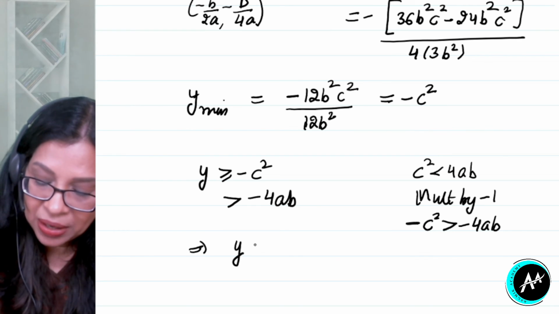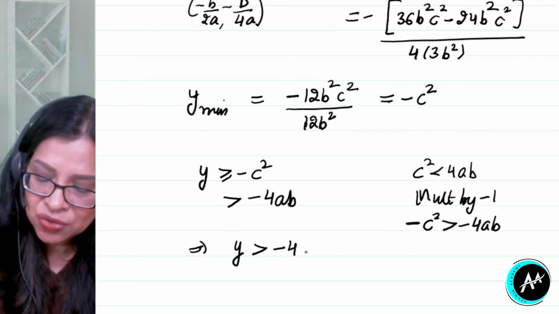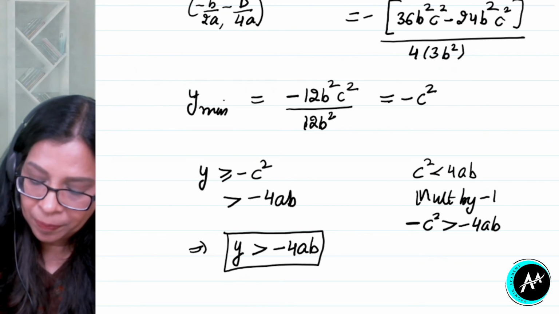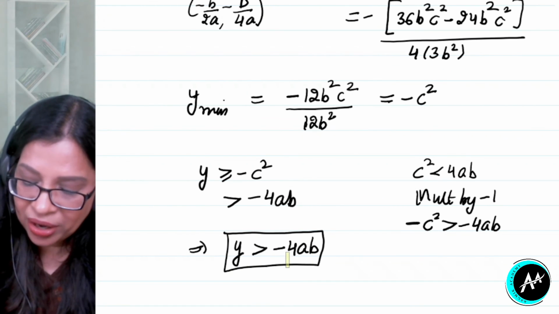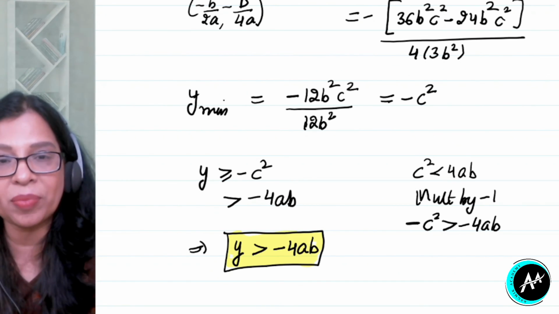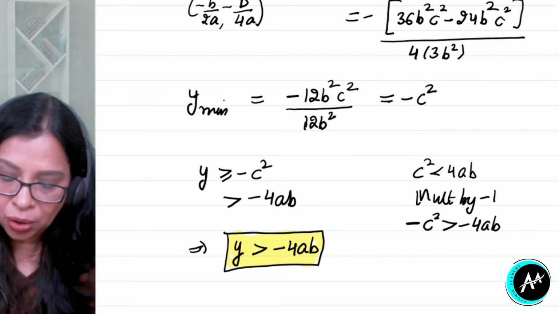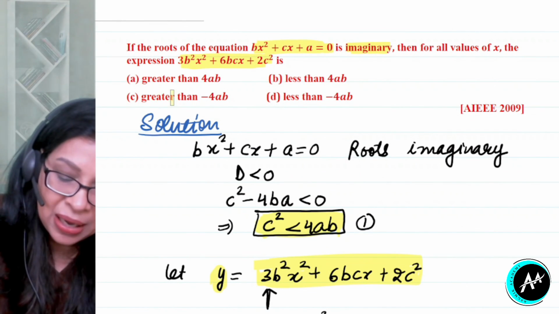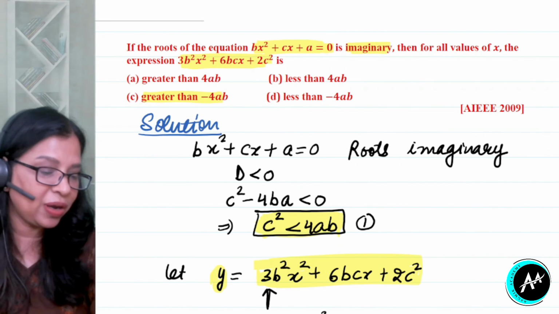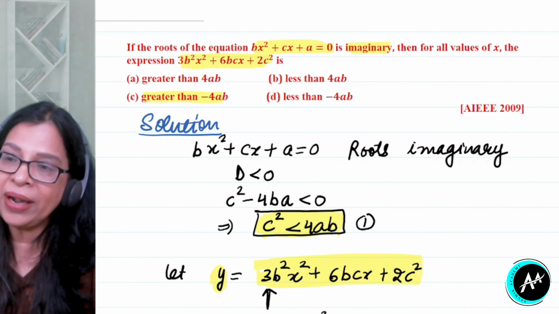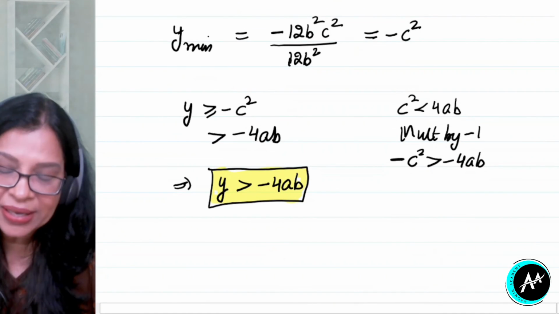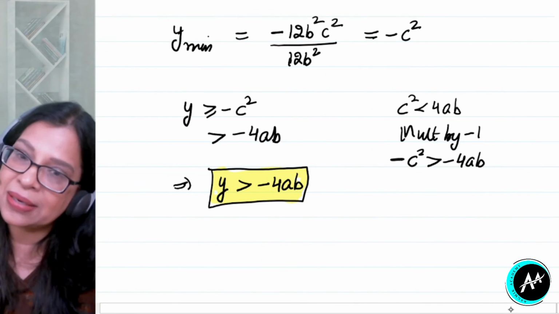That y will be greater than minus 4ab. So this is the condition that I am getting, that y will be strictly greater than minus 4ab. So let's check the option now. Greater than minus 4ab, that means option C will be correct here. So y is strictly greater than minus 4ab, as you can see. So option C is correct.